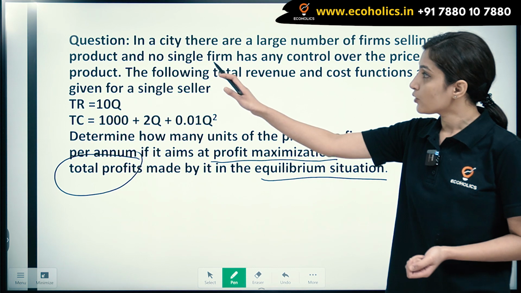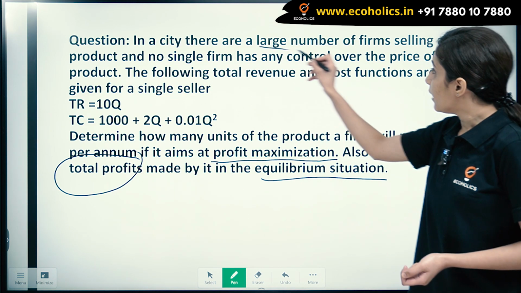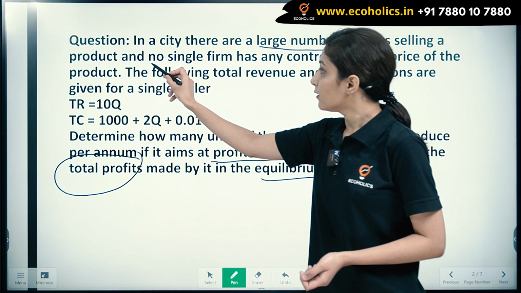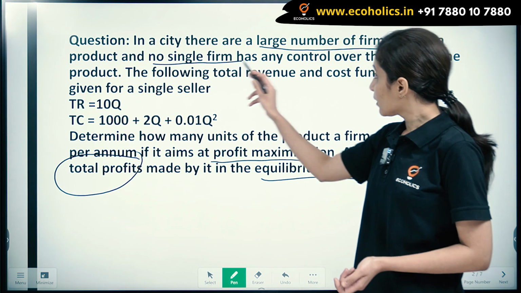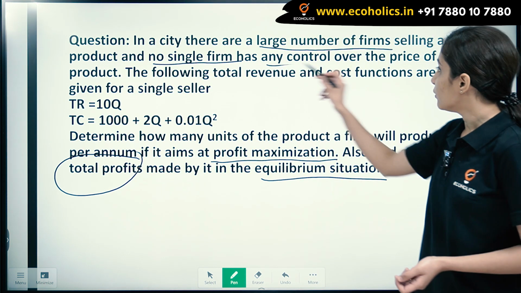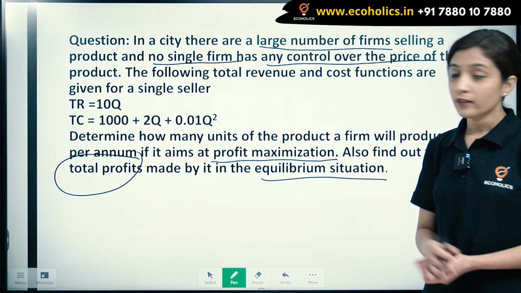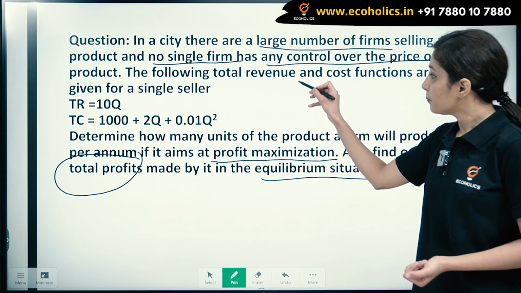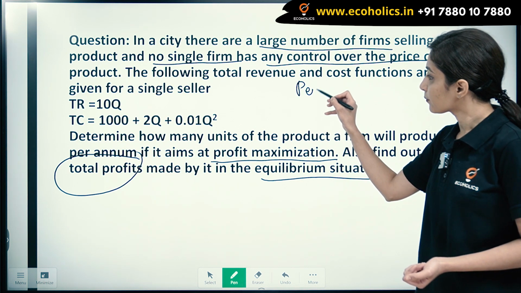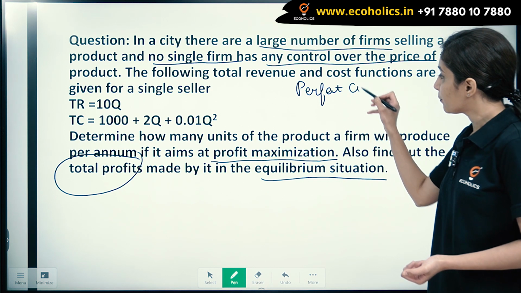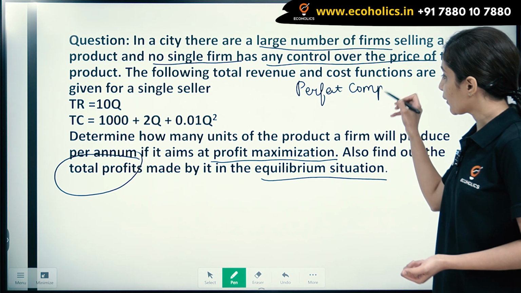Now, in the question it is given that there are a large number of firms and that there is no single firm which has any control over the price. As we have discussed, these two conditions are perfect competition.